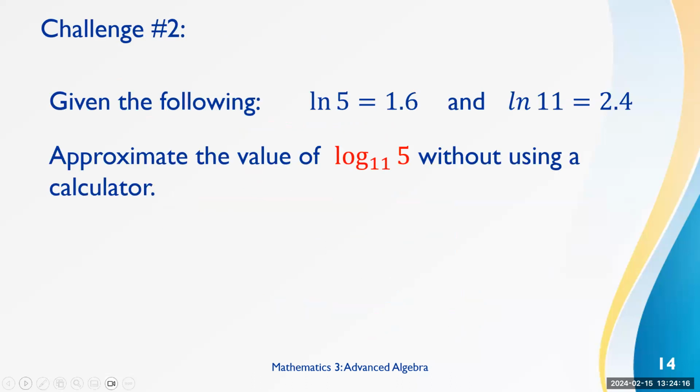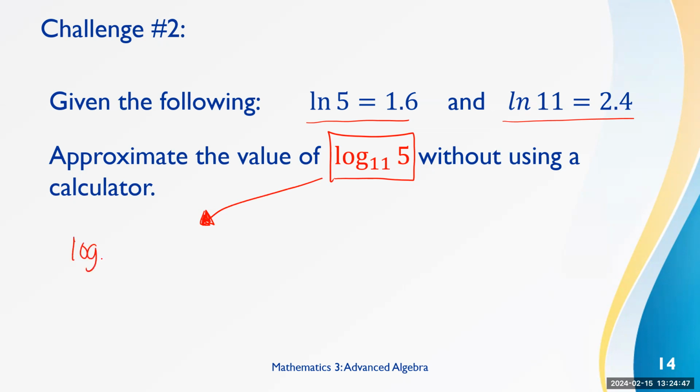So let's try to answer this challenge question. We are going to approximate the value of this logarithm without using a calculator. Given to us, ln of 5 is 1.6, ln of 11 is 2.4. So we are going to evaluate log base 11 of 5. How? Let's apply the change of base formula.